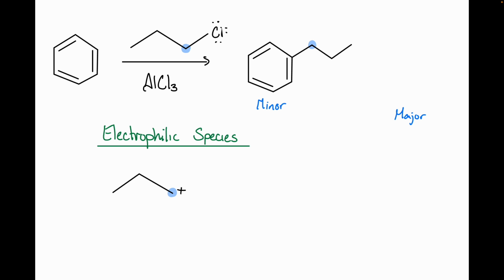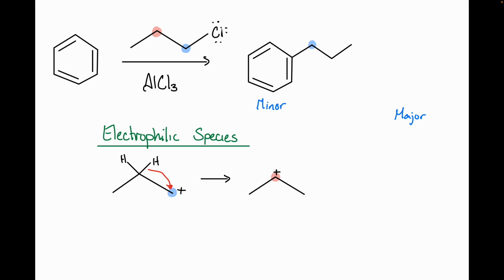It's going to do one of those shifts, right? In this case, we're going to have a hydride shift. So one of these hydrogens from a neighboring carbon is going to jump ship to that positive charge. And what we're going to get formed is the more stable, more substituted carbocation intermediate.